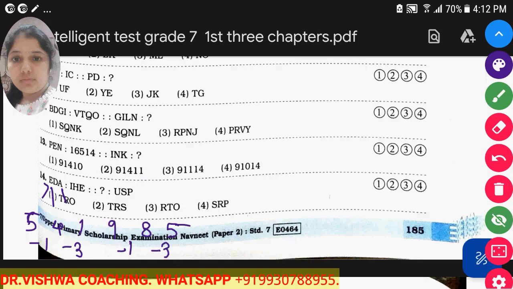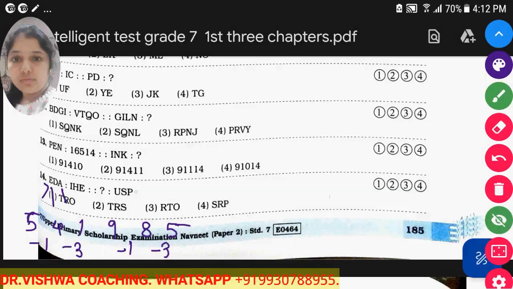Now check the given answers: you subtract 1 and get the next letter, then you subtract and get another letter. If you look carefully, T R O, P Q R, S T. So T will come first. Then R will come because we have to subtract.